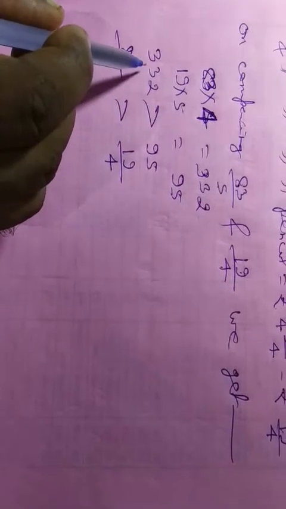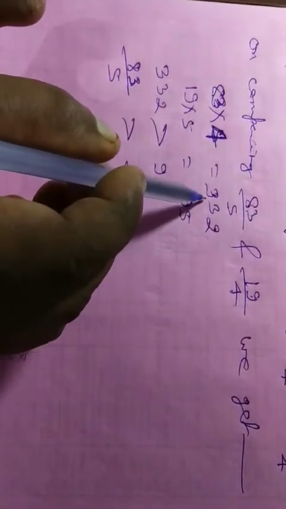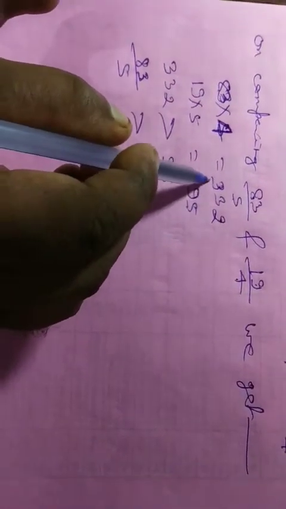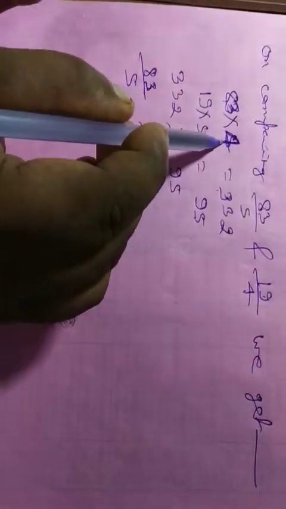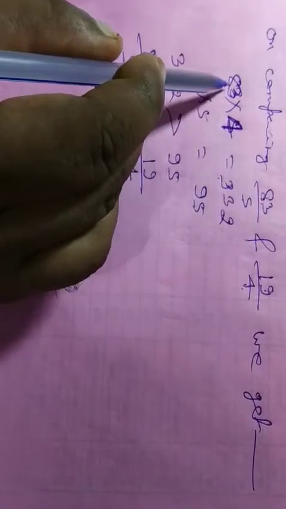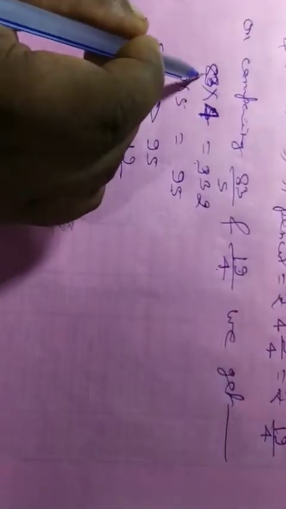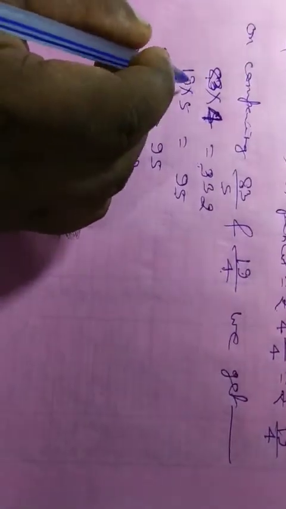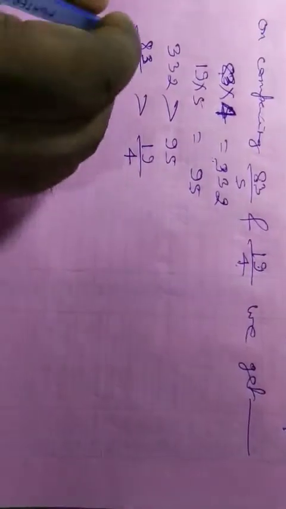So the result of 332, 83 and 4 is here. 83 is the numerator and 4 is the denominator. So the 83 by 5 fraction is greater than the other fraction. So the cost of the pen is greater.